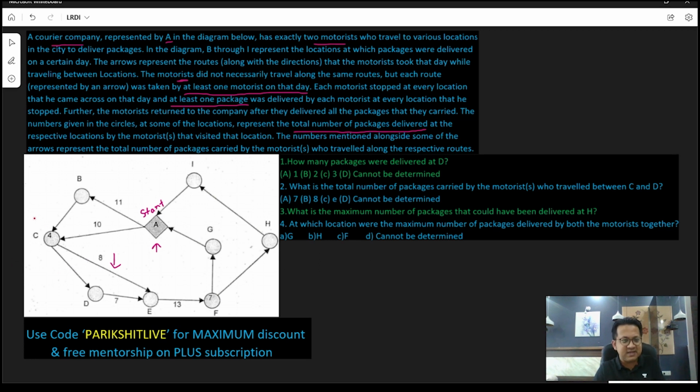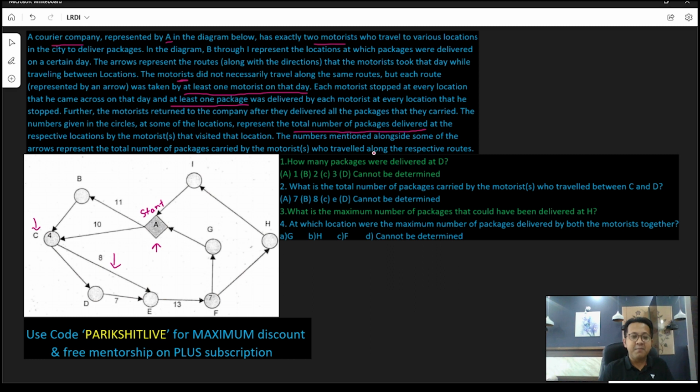If you look at point C, it is very much possible that two motorists visited C and in total, 4 packages were delivered. But if only one motorist was there, it could be that he alone has delivered 4. It is the total number of packages delivered by both the motorists combined if two motorists visited that place, or by one motorist if just one motorist visited that place.